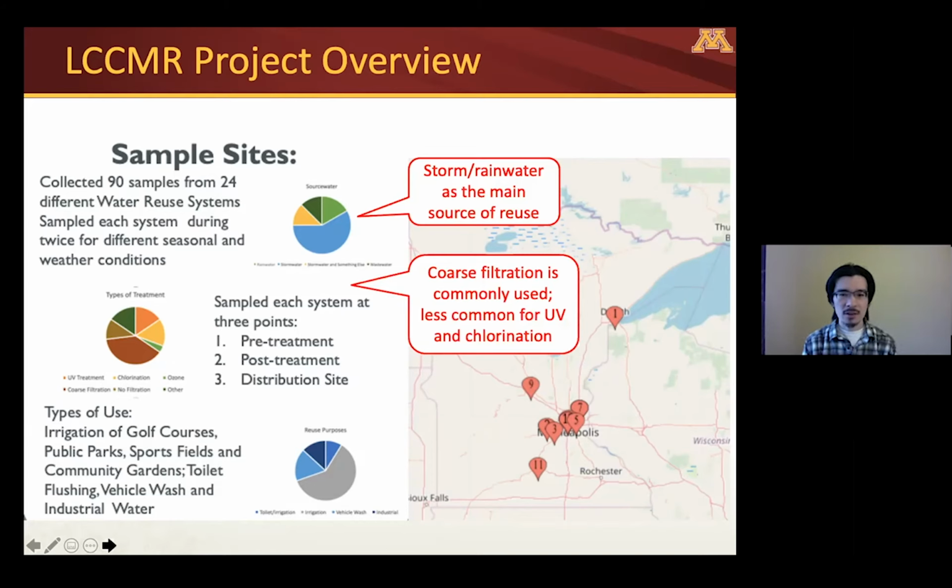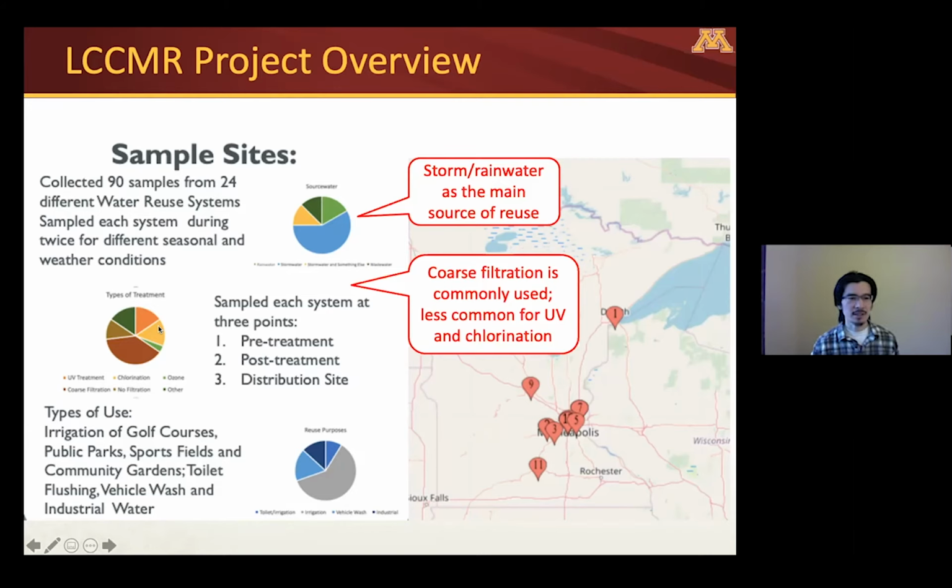And the coarse sand filtration is commonly used as a mean to treat stormwater or rainwater. UV or chlorination is less commonly used. This brown pie is the coarse filtration, and UV is orange and chlorination is yellow.